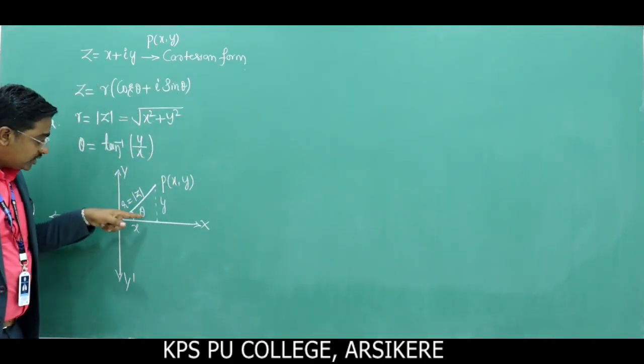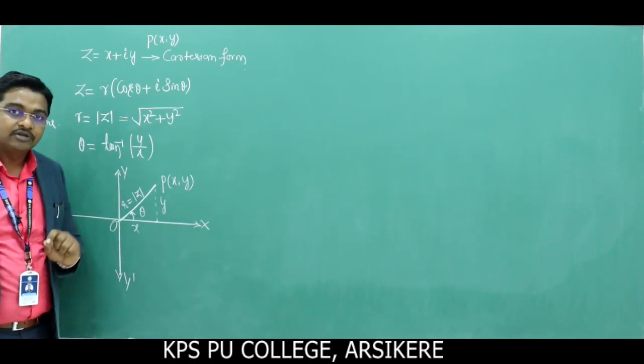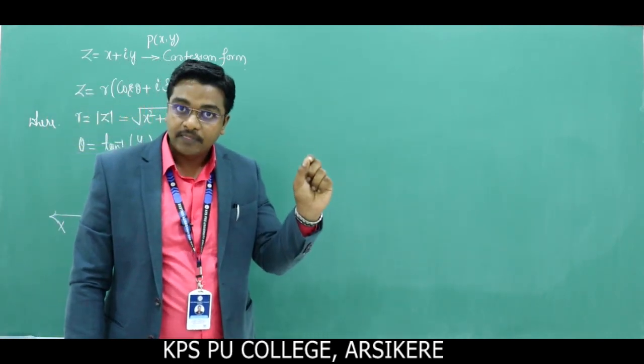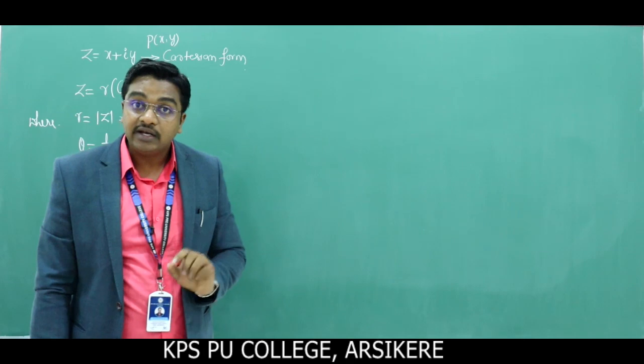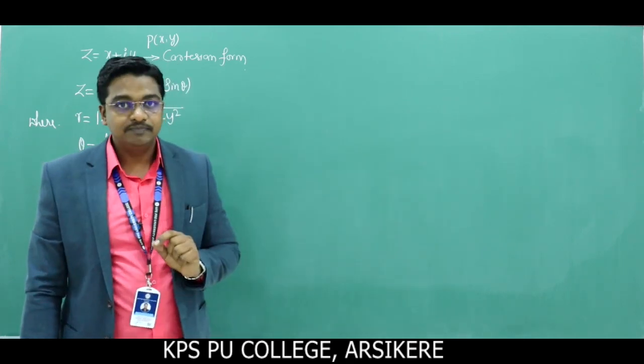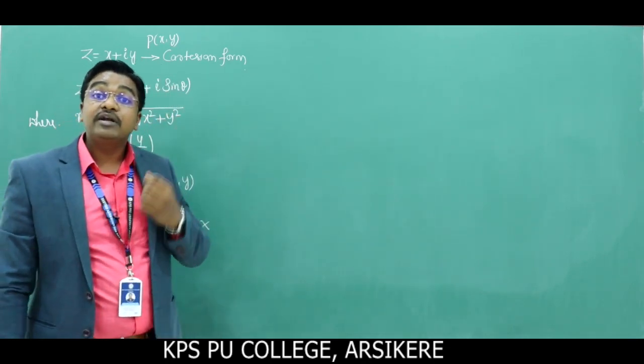And remember, in general theta is between 0 to 360 degrees. I told you in the last class that 180 degrees is nothing but pi. So pi is equal to 180, and pi is the measurement of angle in the radian system. You will learn trigonometry in the third chapter, where we have different forms of measurement of angle.